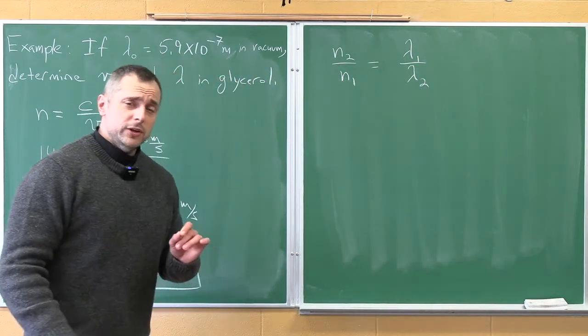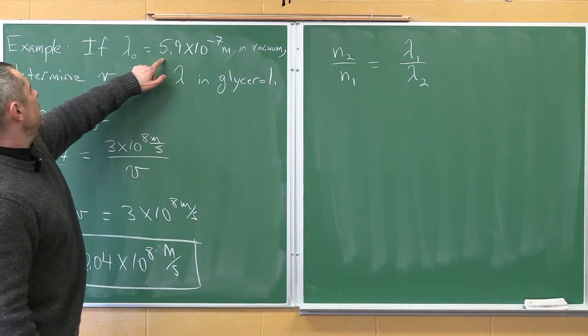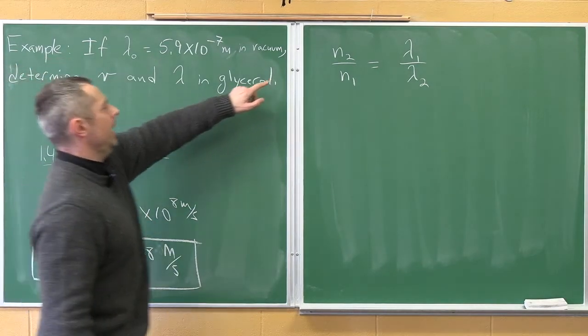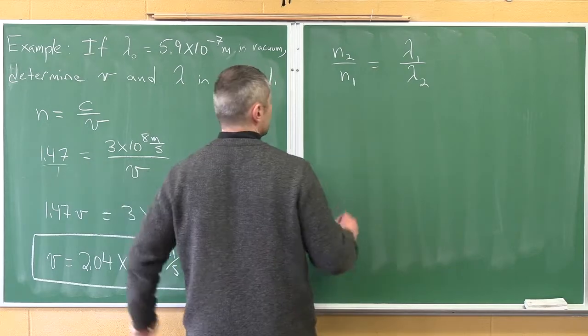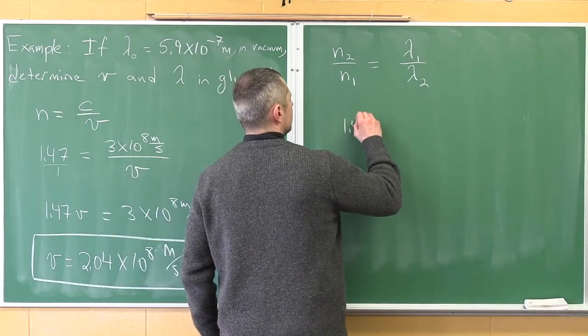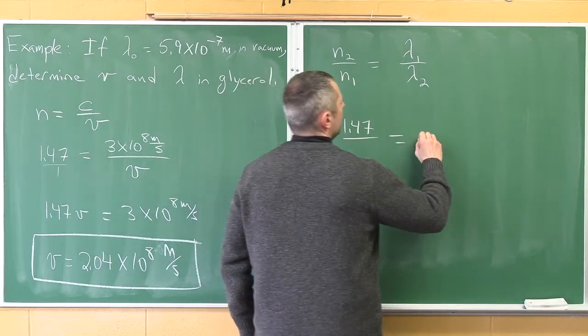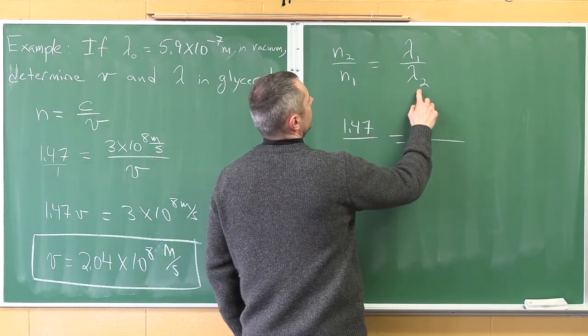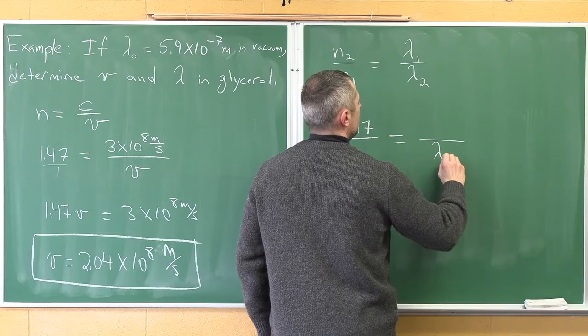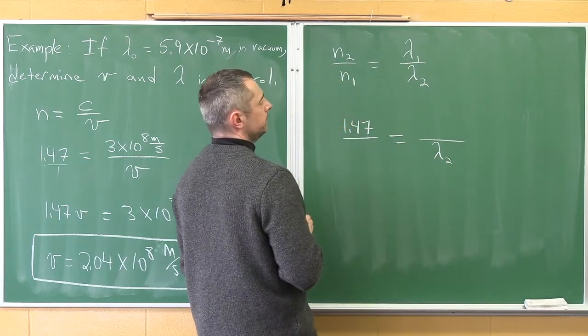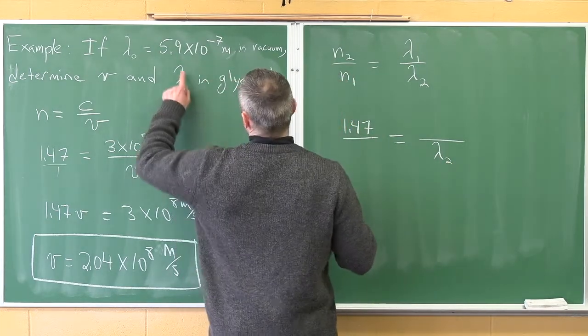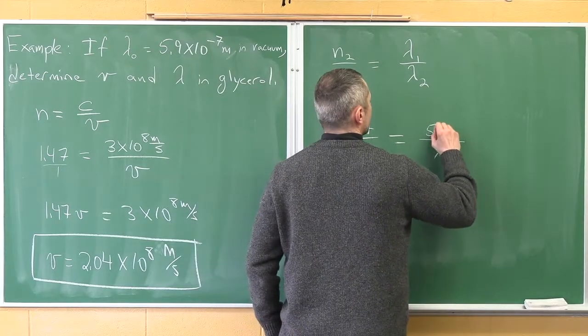Now the second material, it goes from a vacuum and then it goes into glycerol. So N2 is the glycerol, which we looked up as 1.47. And that means I'm going to put the wavelength of the glycerol here. That's what I'm looking for, the lambda 2. The lambda 1 is what it was in a vacuum.